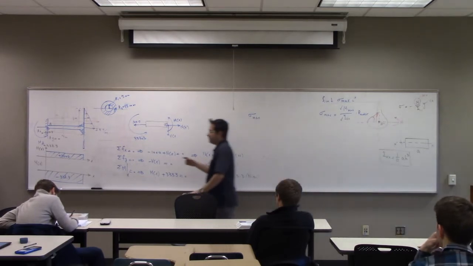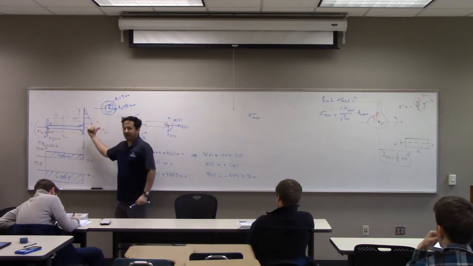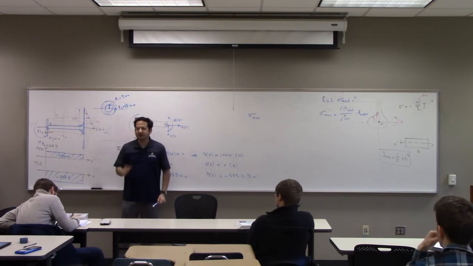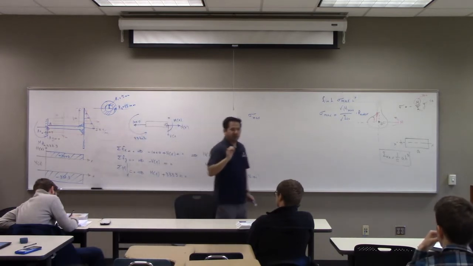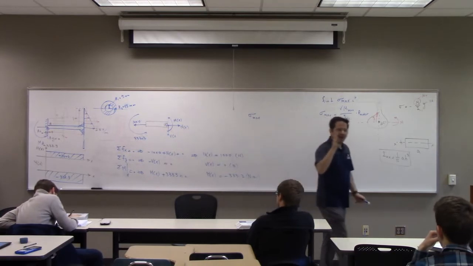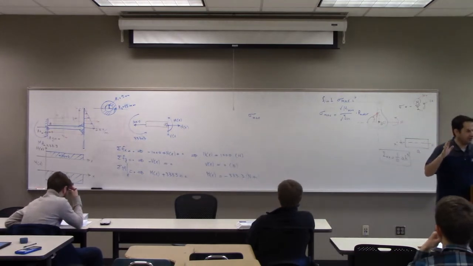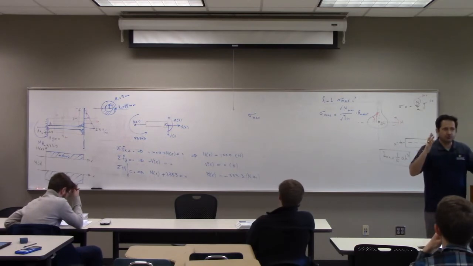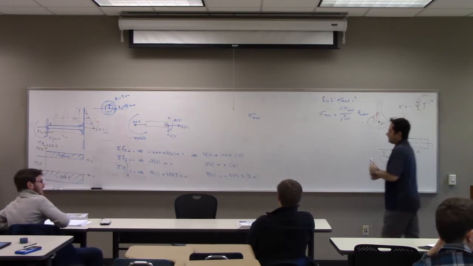What is the other phenomenon? When you have axial load, what happens here? This is going to stretch. That means it brings additional stress at any point. So what do you need to do? Because these are two linear, different phenomena, you need to do superposition for both of them, so you have to add them together. So let's do that.